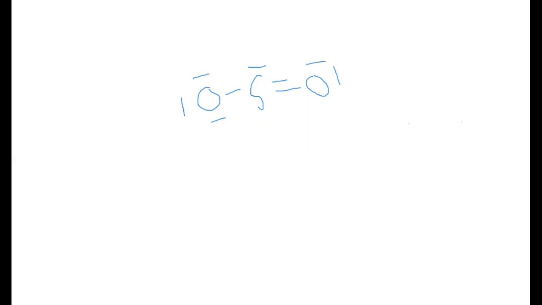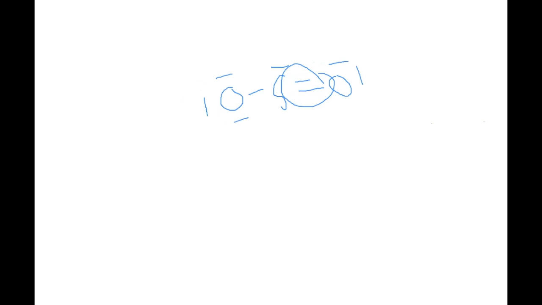How many things are around the center atom? 4. Oh, wait, 2 oxygens. So wait, would it be 4? I'm asking how many electron clouds. Remember, Ian, double bonds count as 1, and triple bonds count as 1. So how many things are around my sulfur? 3. So what does that dictate the electronic geometry to be?